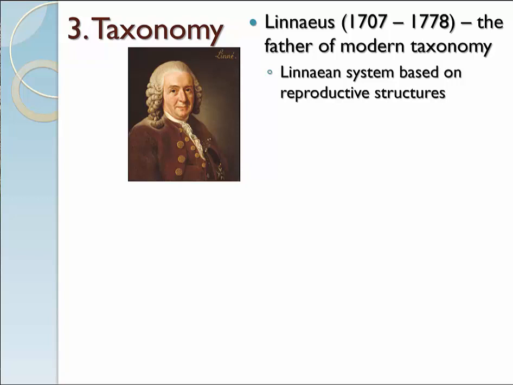And if you think about it, this was a very smart thing to pick, because reproductive structures don't change much over time. If male and female parts changed significantly, then they're not going to work.